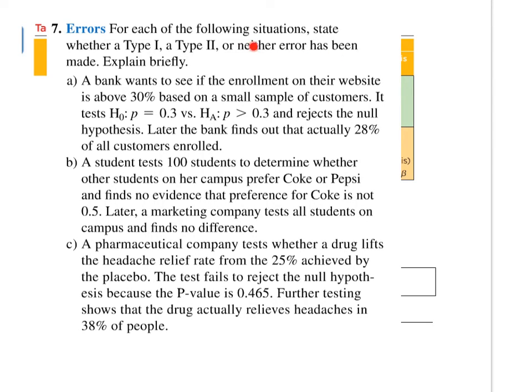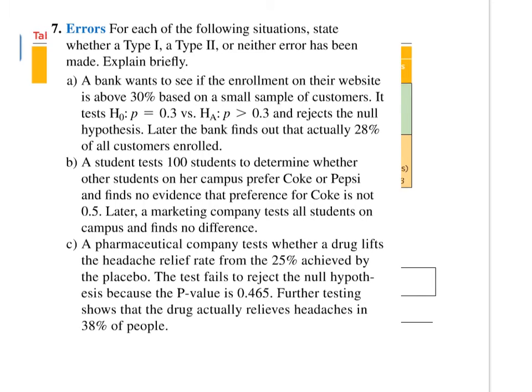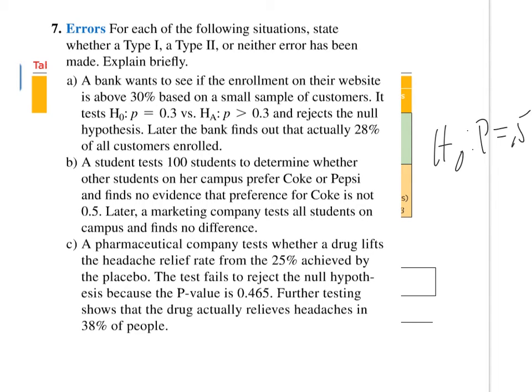So what's happening here is the student is saying H0, that the proportion of people who like Coke is 0.5, and what they're trying to test is that it's not 0.5. So we're going to do a two-tailed test.